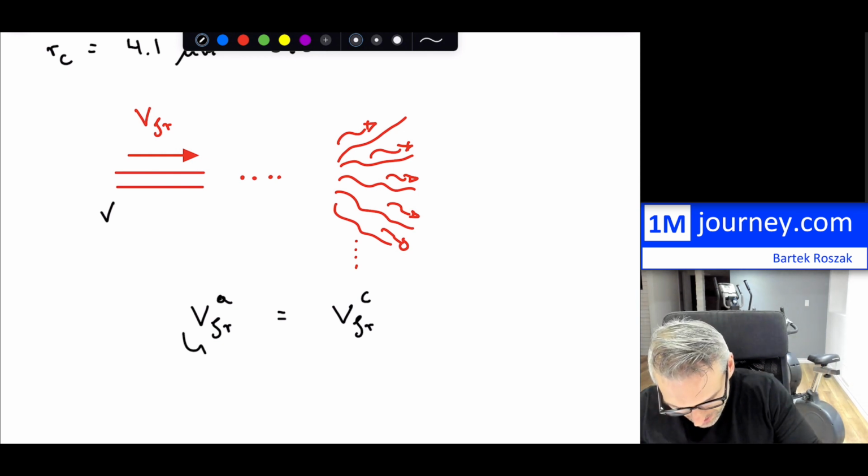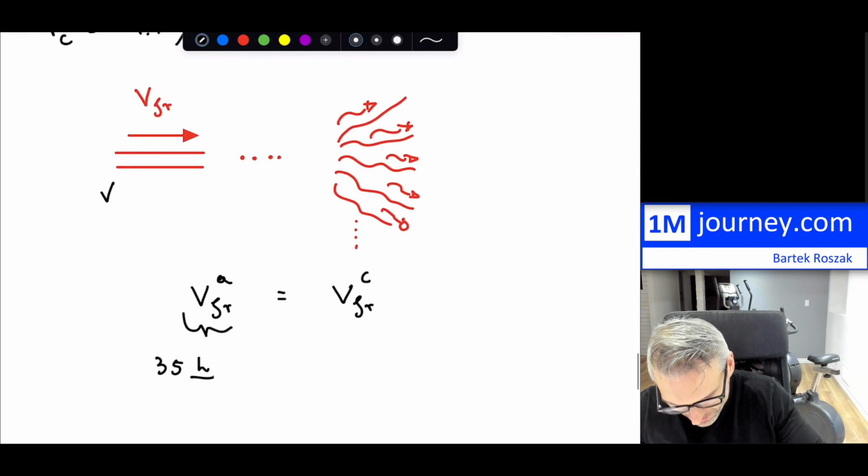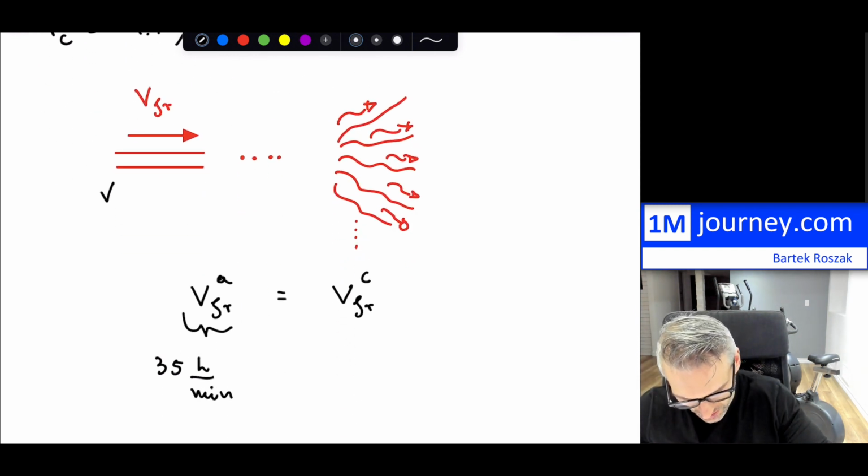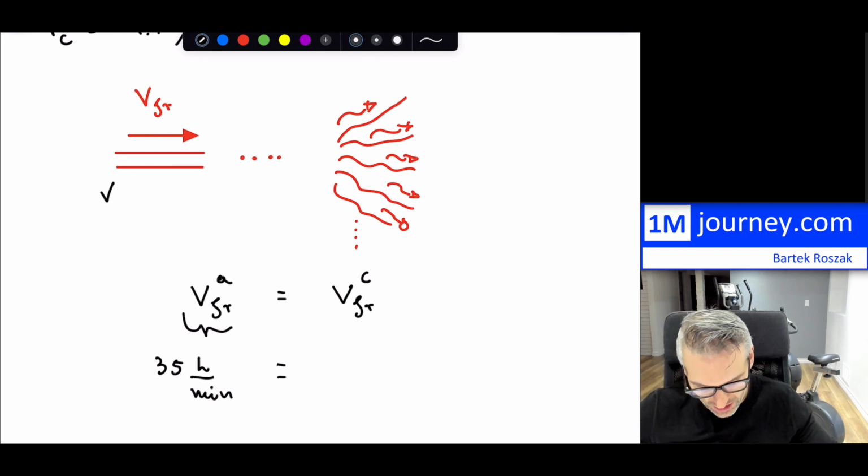So from this, if we have that, and that's 35 liters per minute, this is what we have over here. I'll do the changing of units in just a moment. That's going to be equal to the volume flow rate.